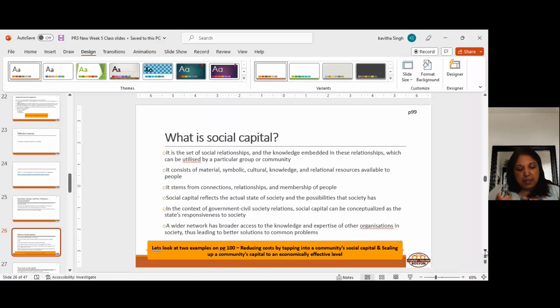Scaling up a community's capital to an economically effective level. Now, Rwanda, which is one of the countries on the African continent, right? In Rwanda, communities living near 3 major national parks use their knowledge of the local terrain and wildlife to improve the living conditions of the whole community.